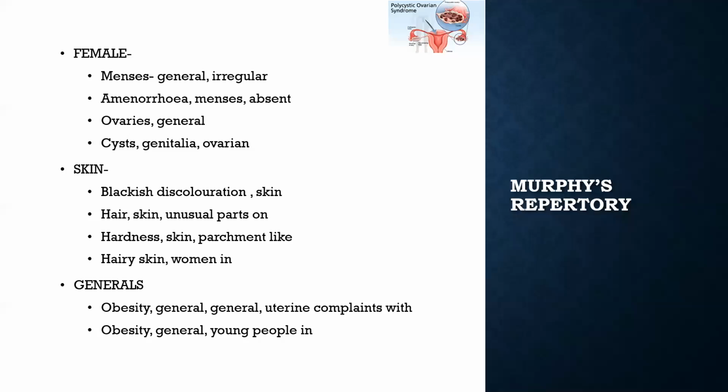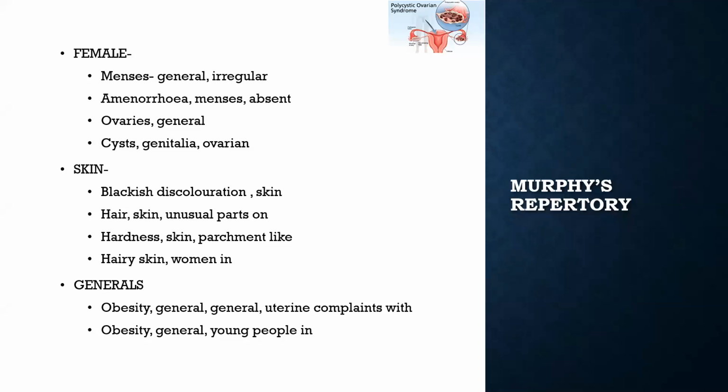Similarly, in Murphy's repertory too, under the female chapter, you can see menses general, irregular, then amenorrhea, menses absent, ovaries general, cyst, genitalia, ovarian. The same way for skin, there is hair, skin, unusual parts on, hardness, parchment-like, hairy skin, women in, that you can take specifically.